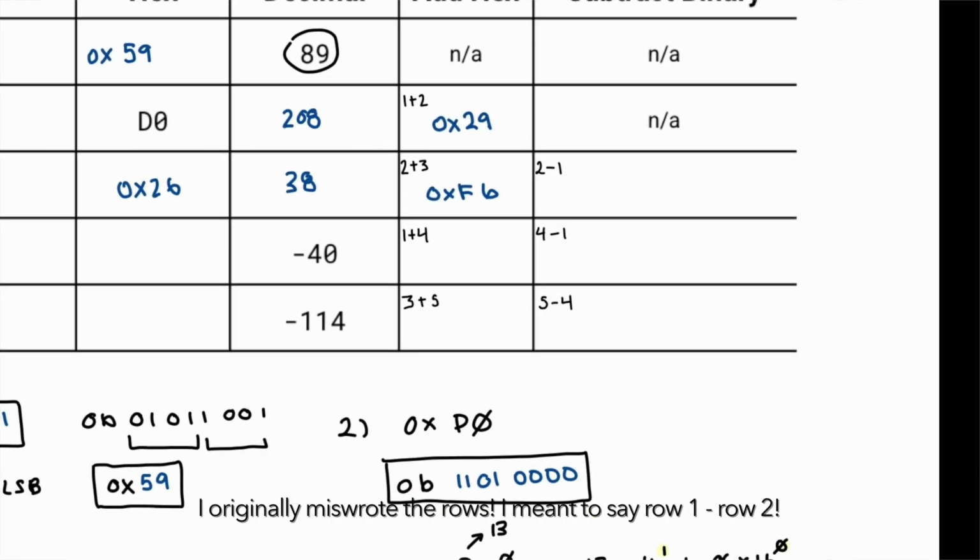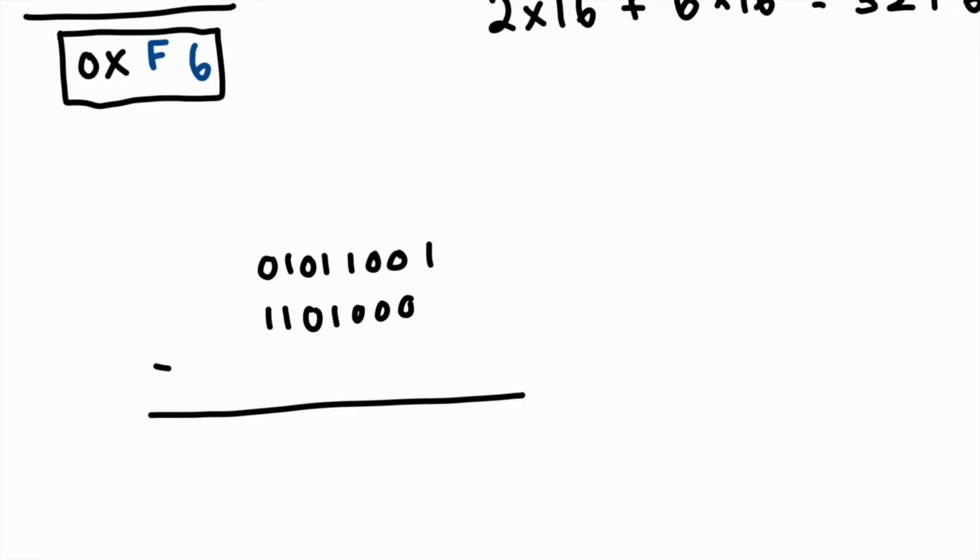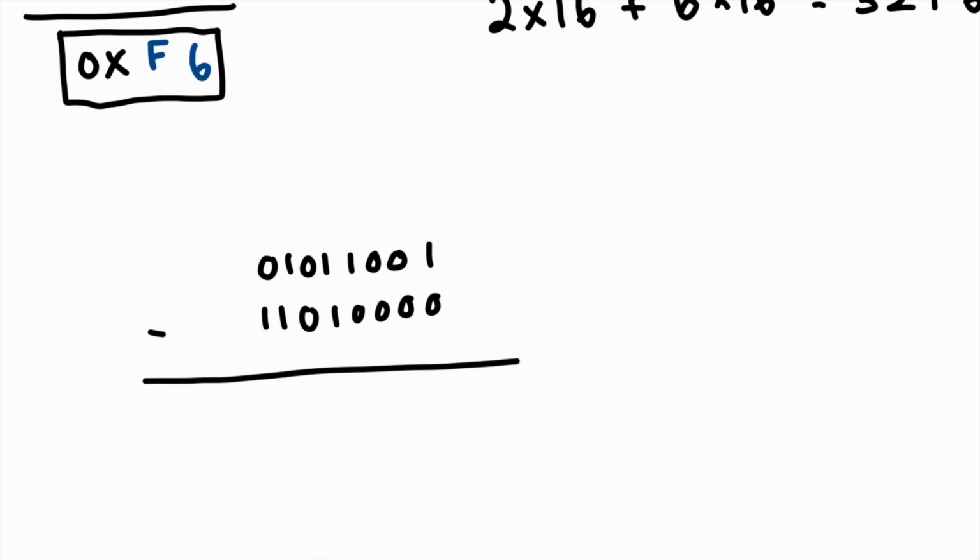Now let's subtract the binary of row 2 from row 1. We'll start out with 1 minus 0, which is just 1, 0, 0, 1. 1 minus 1 is 0, 0 minus 0 is 0, 1 minus 1 is 0.